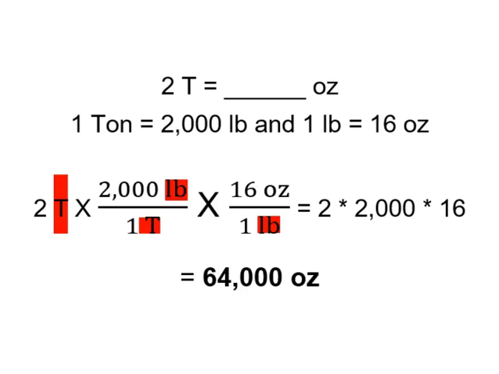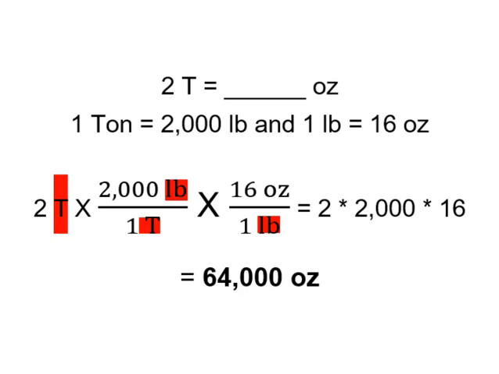First we have 2 tons times 2,000 pounds over 1 ton. We cancel out our tons, and then we multiply 16 ounces over 1 pound. If you notice, we canceled out our tons and we're able to cancel out our pounds. So we have 2 times 2,000 times 16.